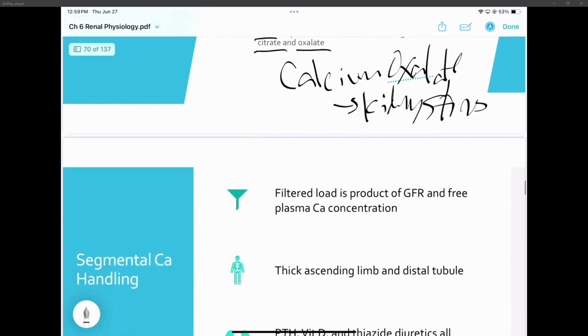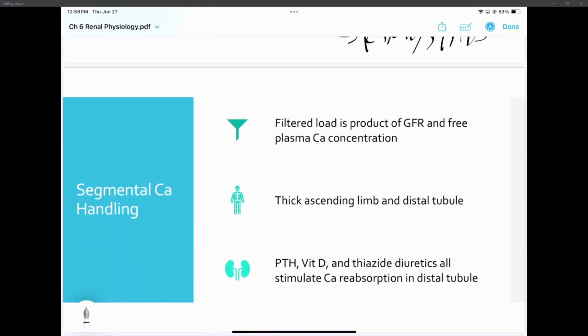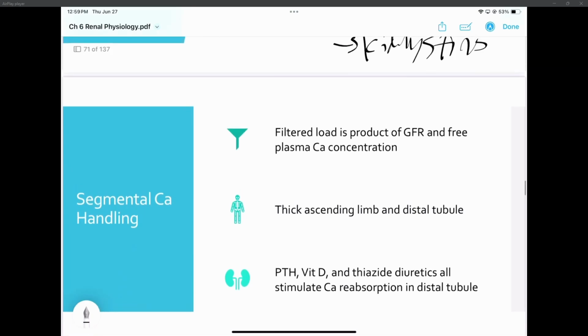So the filtered load is obviously a product of the GFR and our free plasma concentration. Why the free plasma? Why are we only worried about free plasma at this point? Because the one bound to protein can't get in the kidney anyway. So only the free ones can get dumped into the Bowman's capsule, into the ultrafiltrate, and then go through.